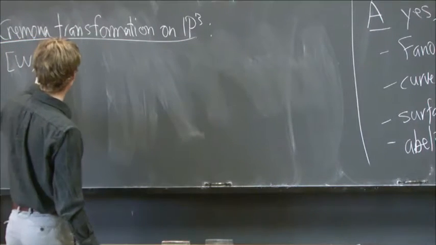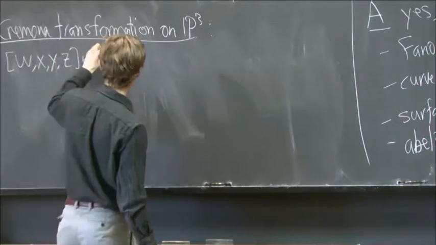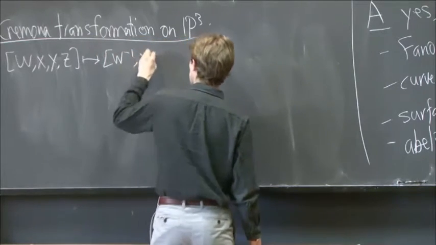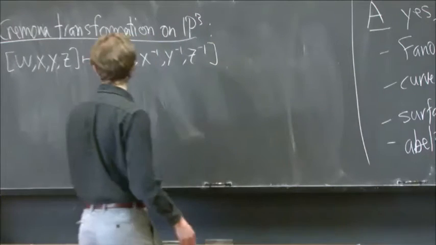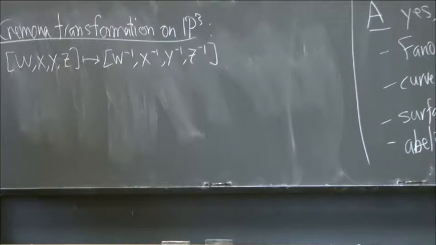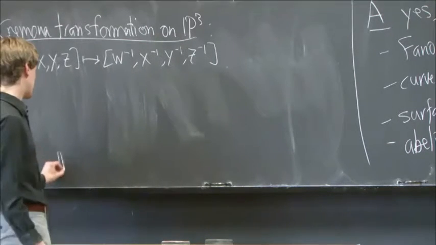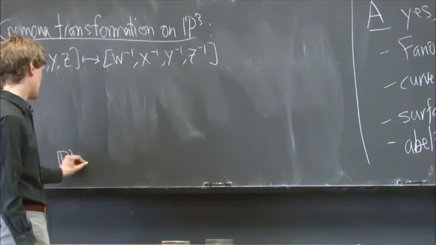It's the map P3 to P3 that inverts each coordinate. I don't know, this is not so enlightening. So let me tell you, how do you resolve this map? I mean, it's a toric map. So it's easy to figure out what the resolution is.